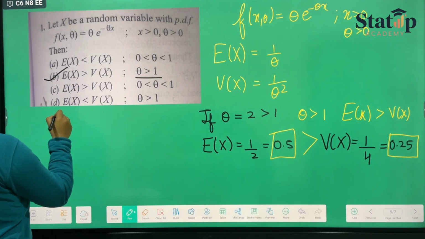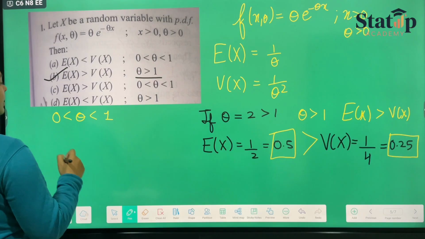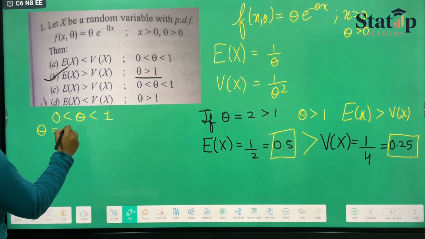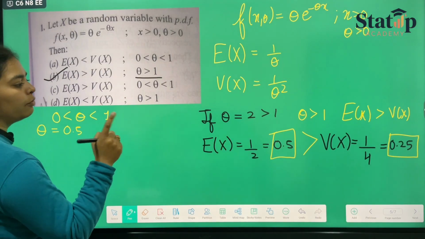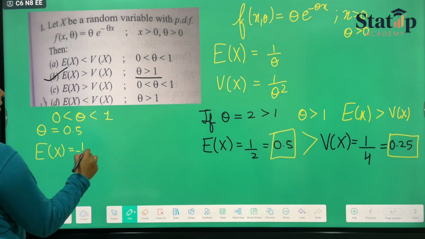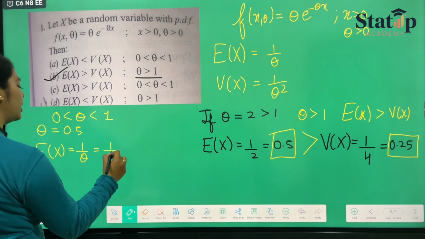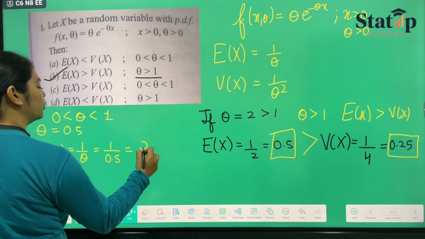Now suppose we have to find for theta lying between 0 and 1. Suppose we take the value of theta as 0.5, which lies between 0 and 1. Expectation of x is 1 upon theta, so 1 upon 0.5 gives us 2.